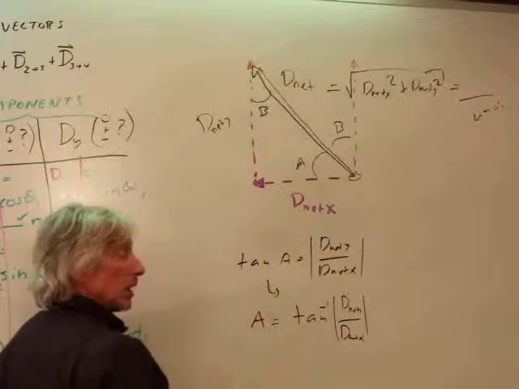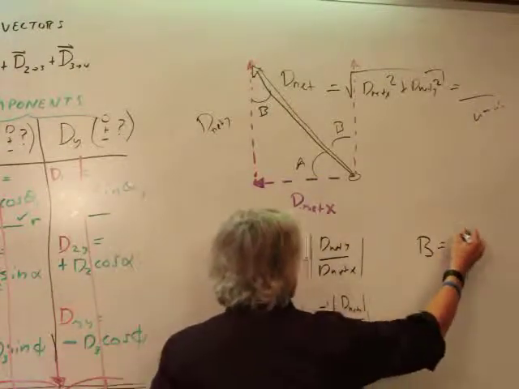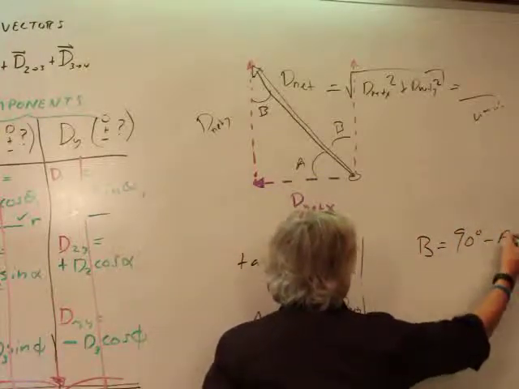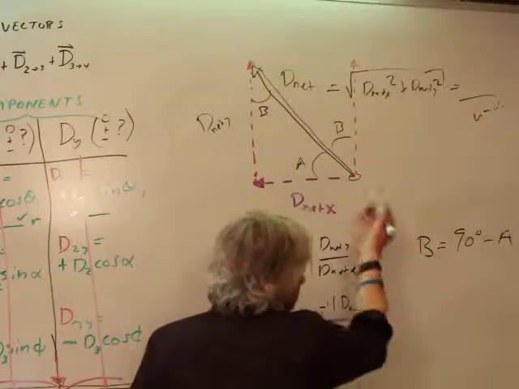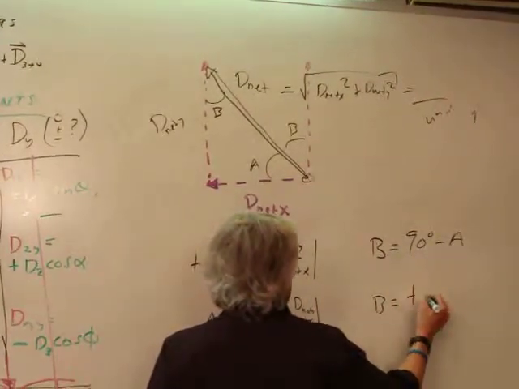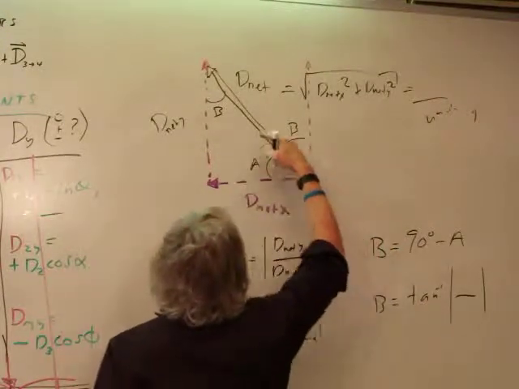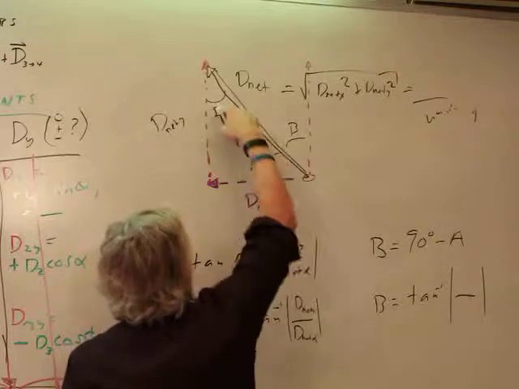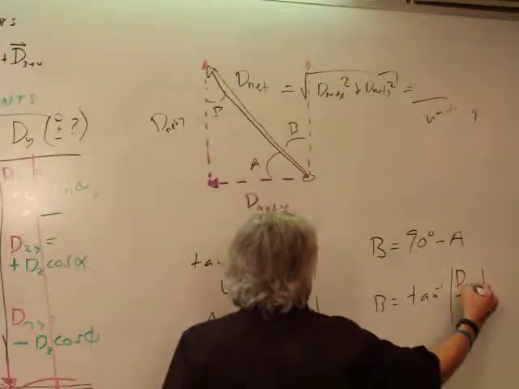If I want B, well, if I already have A, then it's 90 minus A. If I want to get B first, it doesn't matter. Then I can say B is the inverse tangent of x, opposite over adjacent.